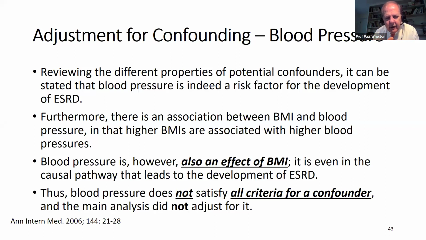So when you get to something like this, you would often analyze without blood pressure and do an analysis that assumes blood pressure is a confounder, and see, does it make a big difference? And you certainly stratify to look at blood pressure as a potential for being in the causal chain.